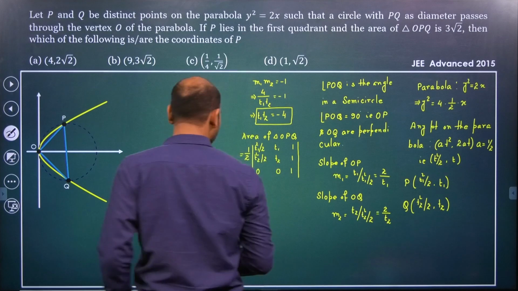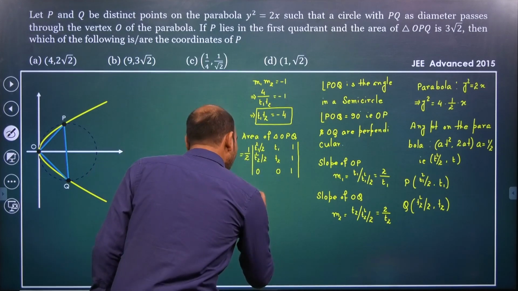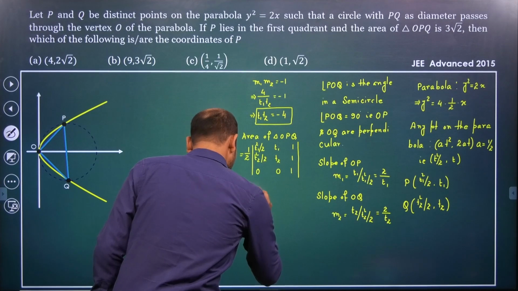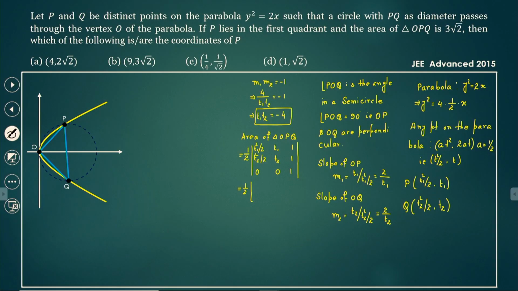Expanding with respect to the third row, we can easily calculate that this value is equal to 1 by 2 times the bracket, t1 square t2 divided by 2 minus t2 square t1 divided by 2.